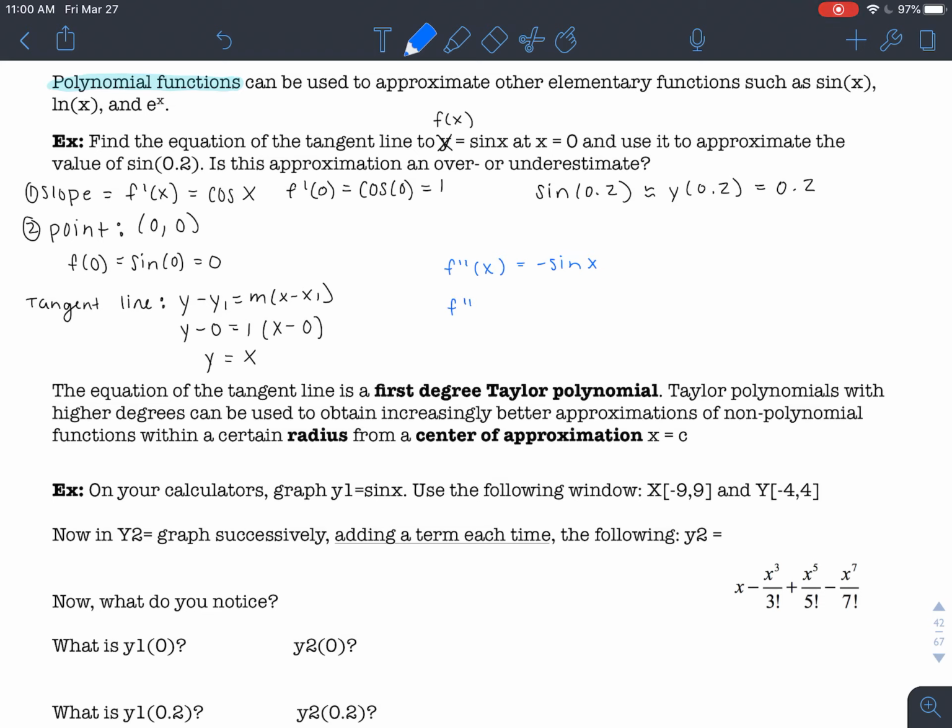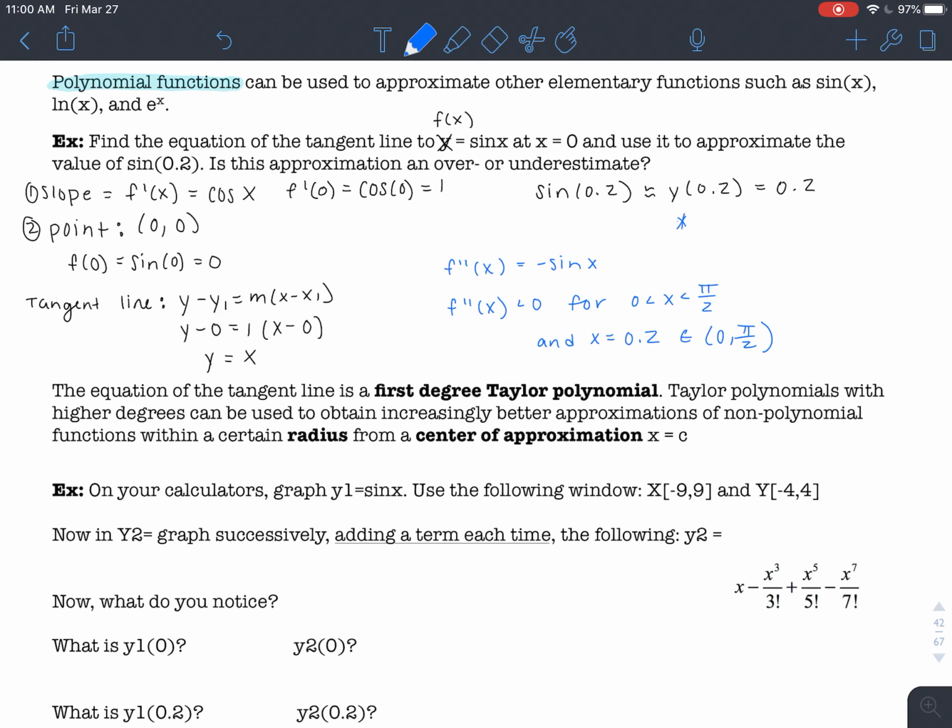So we know that sine is normally positive in the first quadrant, so negative sine would then be negative. So we can say that f double prime of x is going to be less than 0 for x between 0 and pi over 2, and x equaling 0.2 is definitely an element of that interval.